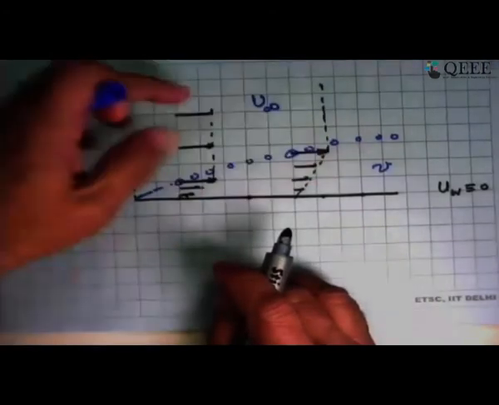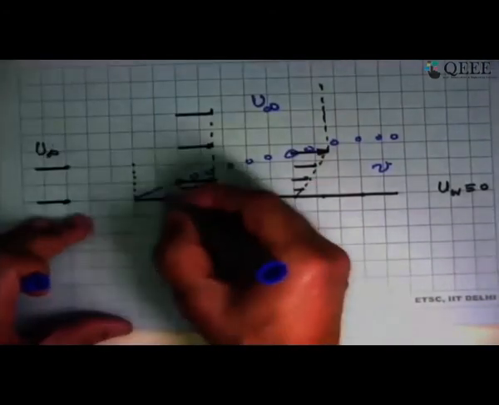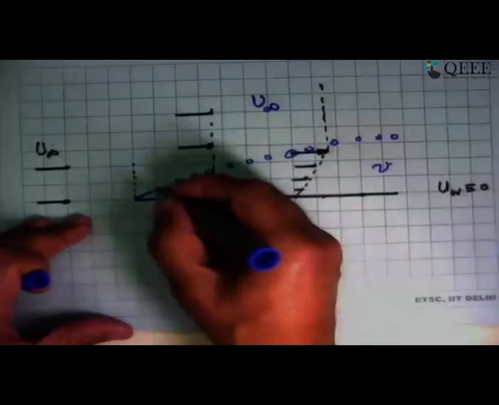Velocities everywhere are less than u infinity, and this whole region, this entire region there, this is what we call the boundary layer, or to be more specific, hydrodynamic boundary layer.